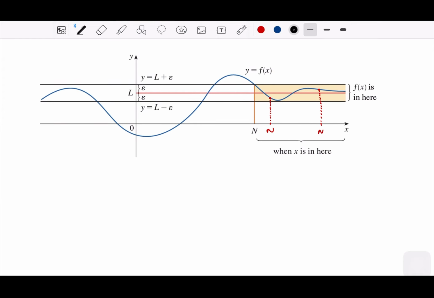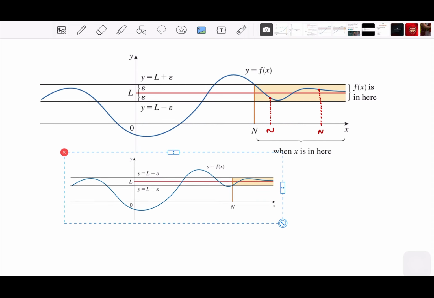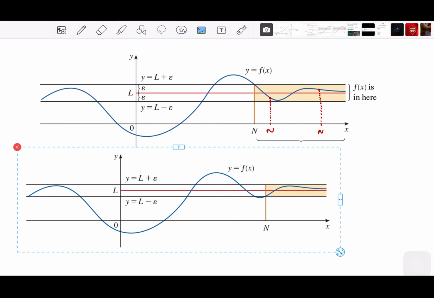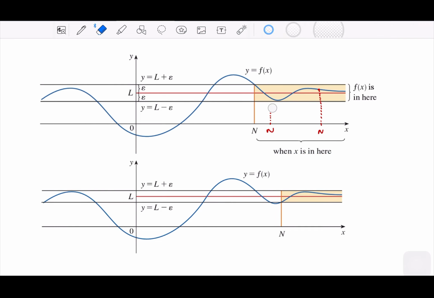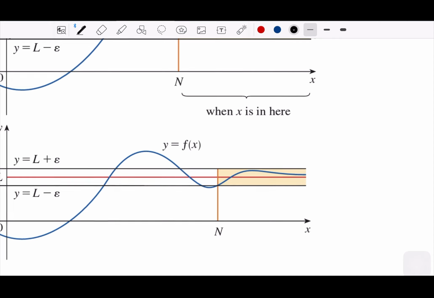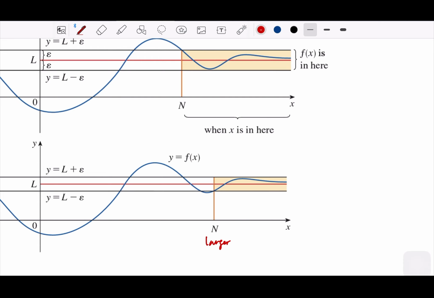Maybe if we take a closer look at the same graph, but take a greater N. Let me erase this to make sure. So we take N larger, and you will see that we now have this range here, and of course the curve is still in between this epsilon.